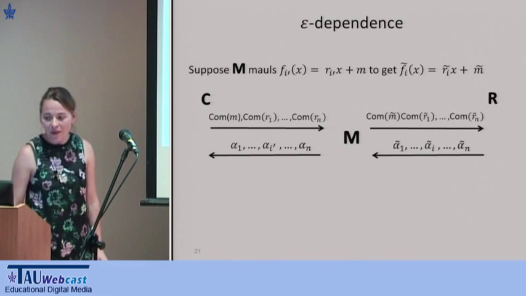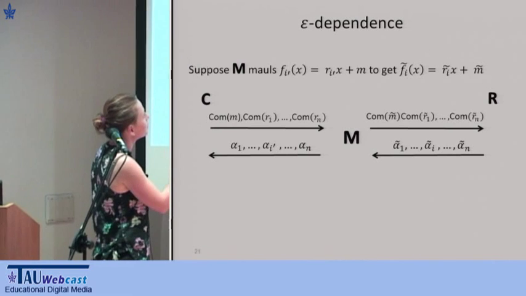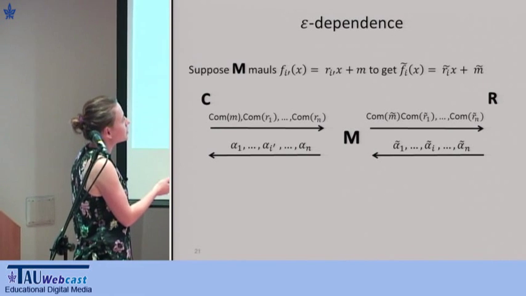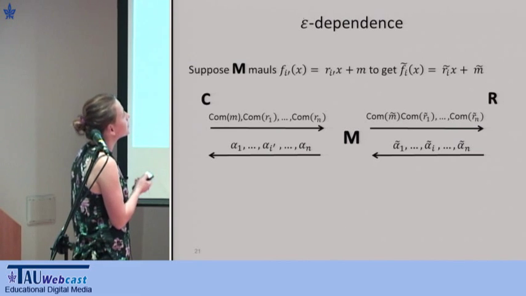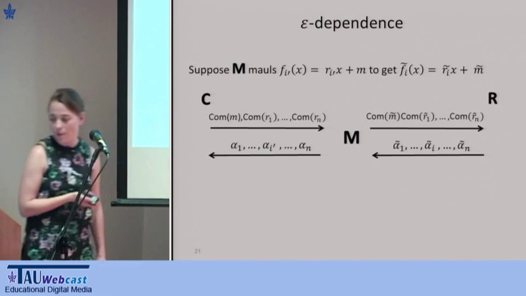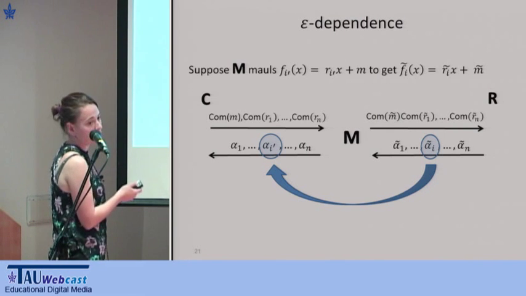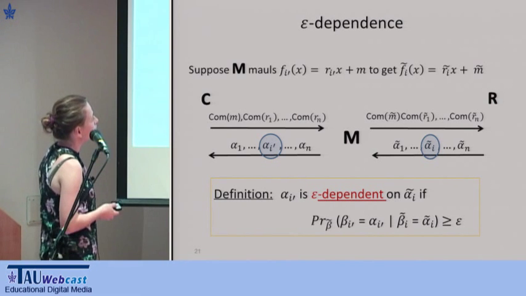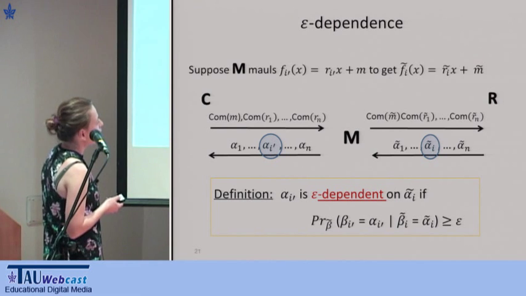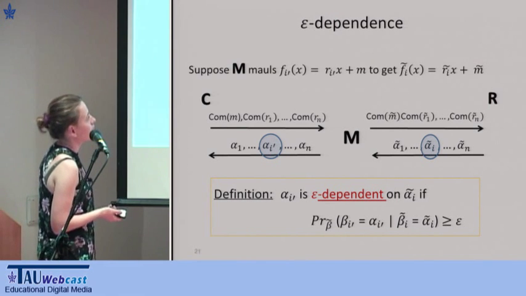Okay, so let's say that he mauled some commitment here into a commitment here. So now when he gets the challenge, again, he must maul the challenge for the appropriate commitment into a challenge here, the same way. It means that this challenge is dependent on this challenge. So we define that alpha I prime is epsilon-dependent on alpha I tilde if the probability, when we fix this, that this will be fixed, is at least epsilon.